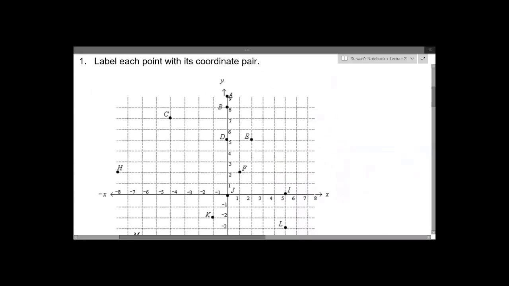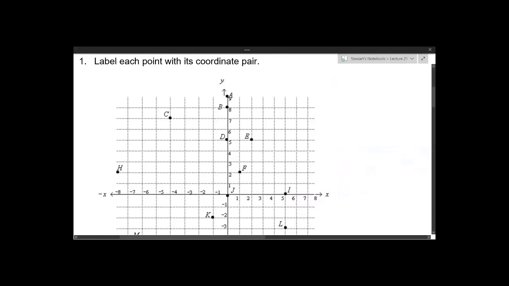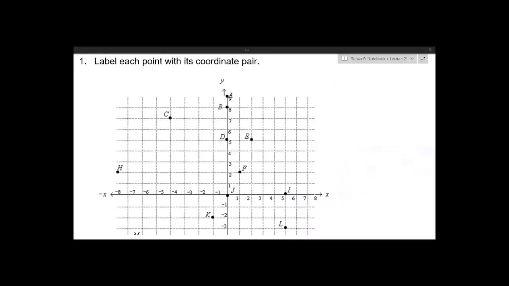So here we can see that for point A, you always start in terms of x and then go in terms of y. In terms of x, we start at the origin, and the origin is the intersection of both number lines, where both are equal to 0. That's the 0, 0 point.